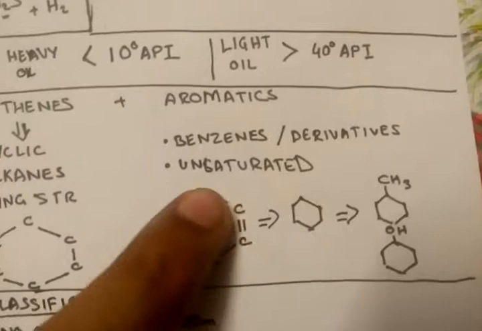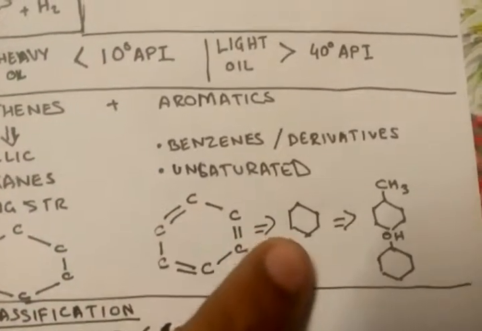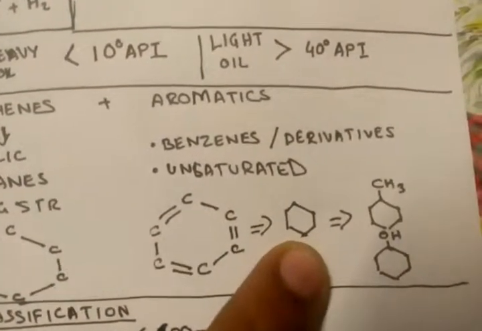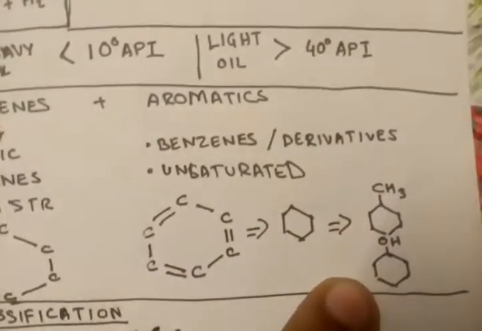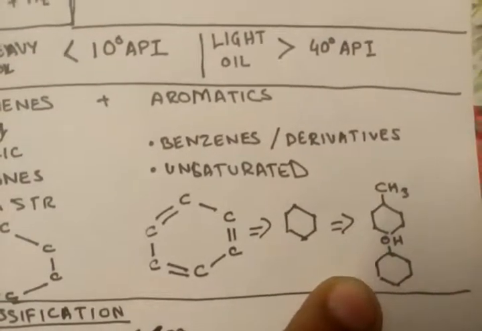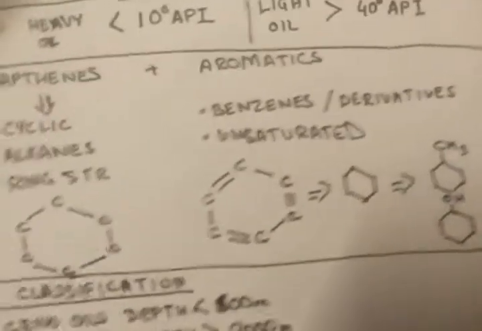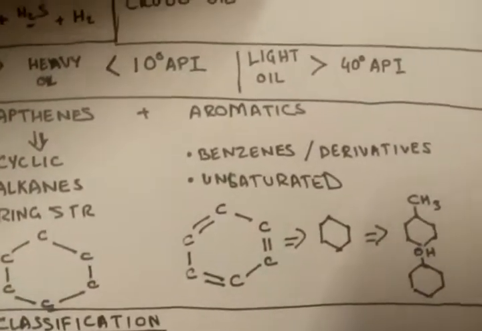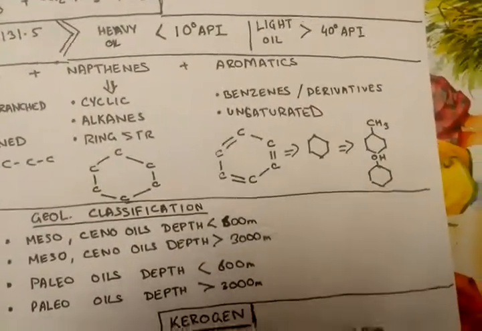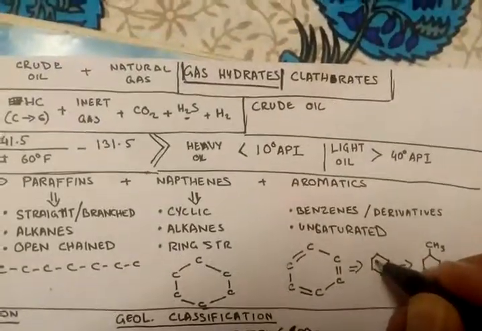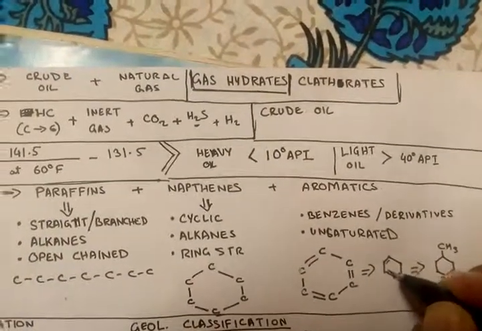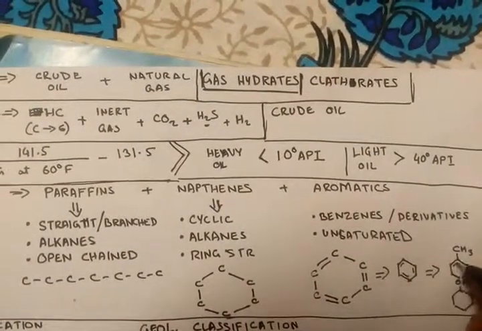This is the benzene structure, which we tend to show like this, and these are the derivatives of benzene, such as toluene and phenol, and there are other derivatives also. Sorry, there's one mistake here. We show the structure this way.